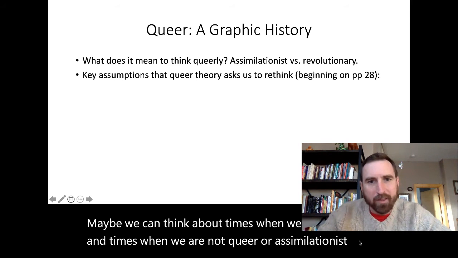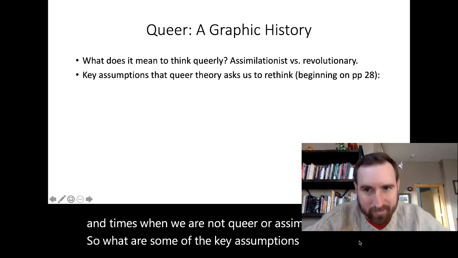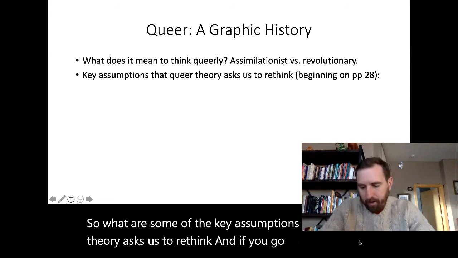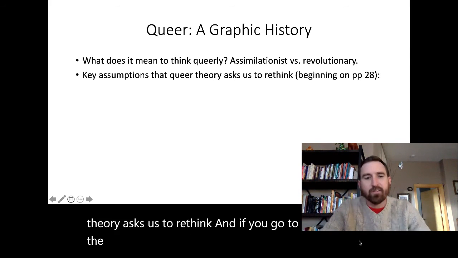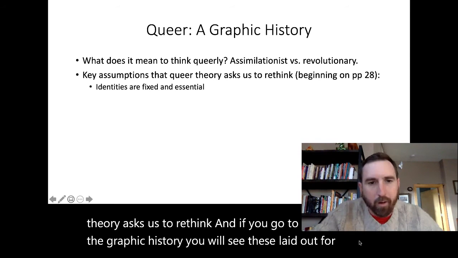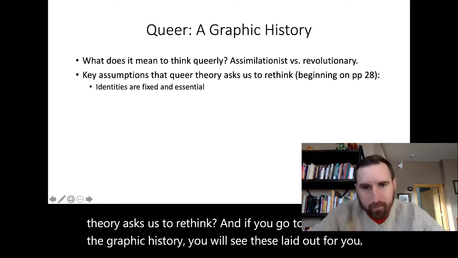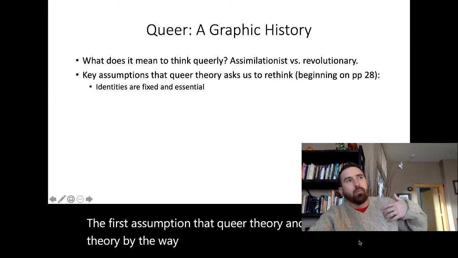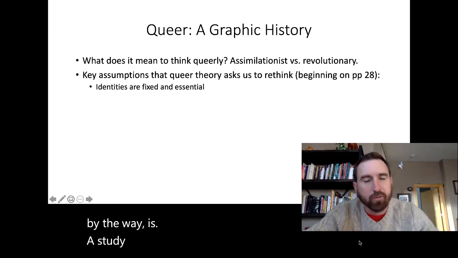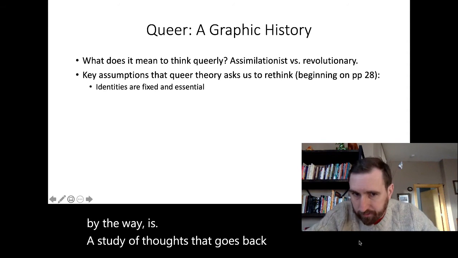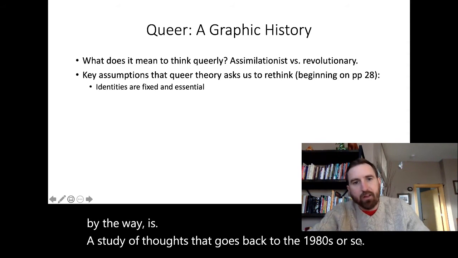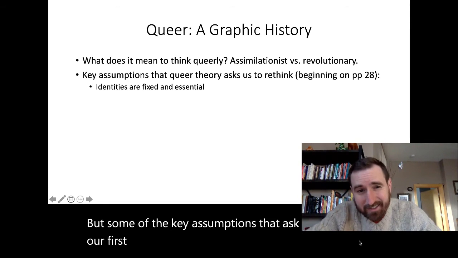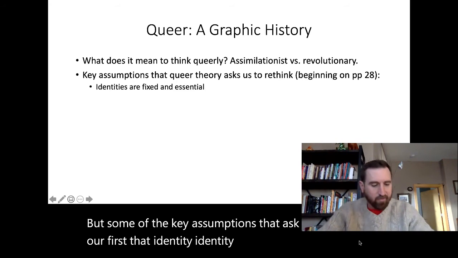So what are some of the key assumptions that queer theory asks us to rethink? And if you go to page 28 of the graphic history, you will see these laid out for you. The first assumption that queer theory, and queer theory, by the way, is a study of thought that goes back to the 1980s or so, but some of the key assumptions that it asks us to rethink are, first, that identities are fixed and essential, right?